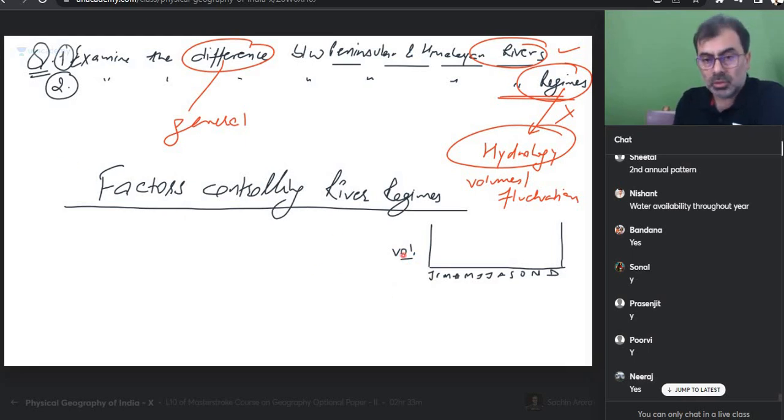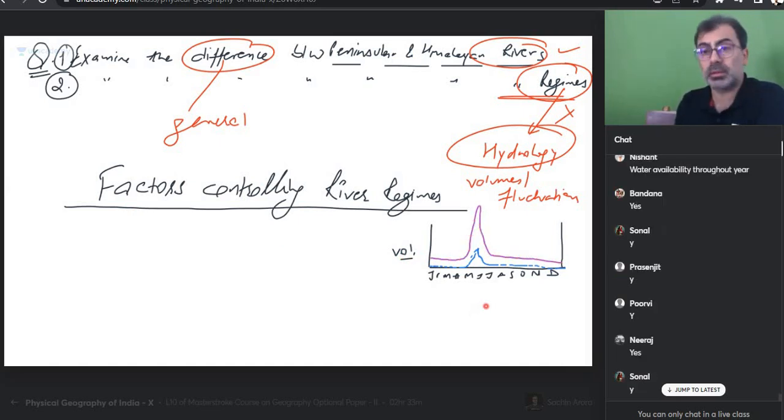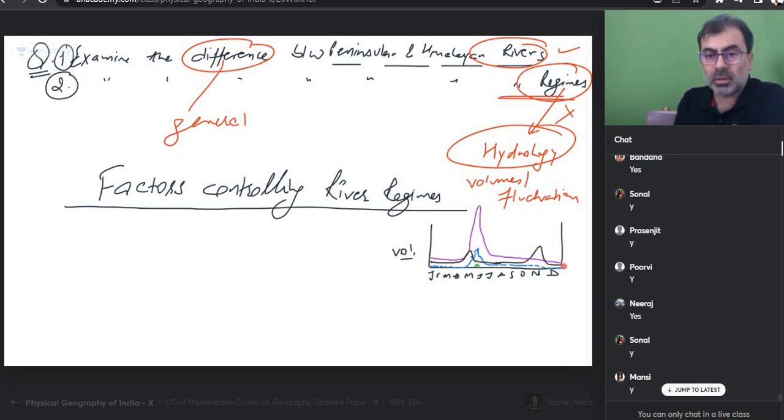A river is almost dry in the month of May. It gains volume in May, June, something like that. Another river has water and gains volume like this. Another river is always dry, only some water here. Then there is a river which has water peaks in May and some water peaks in November.